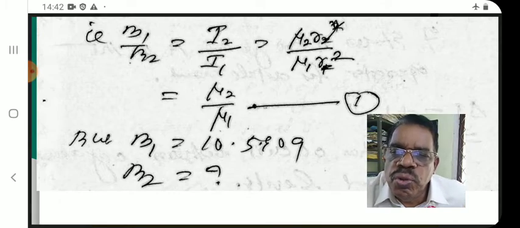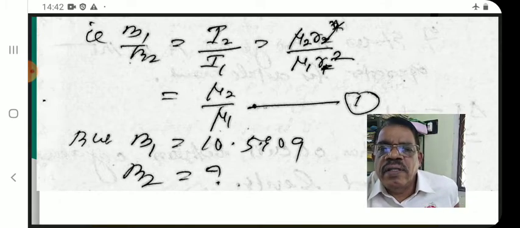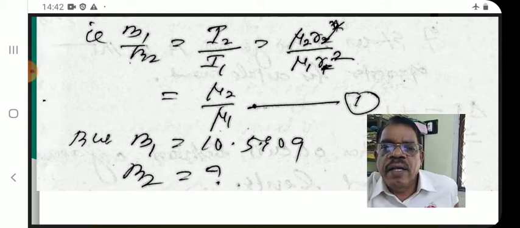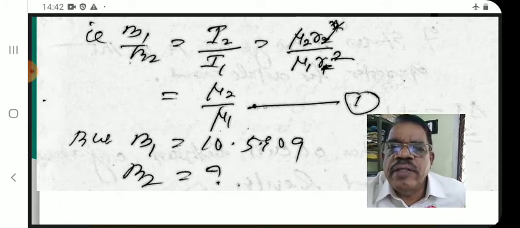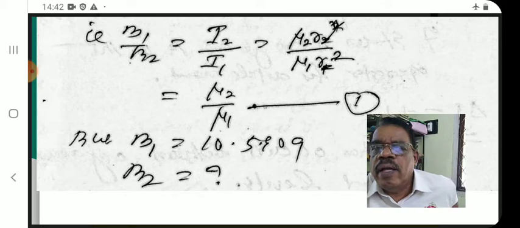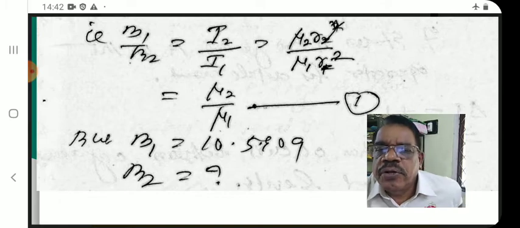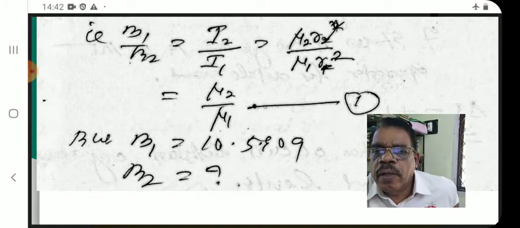So R square will cancel from numerator and denominator. We get mu2 by mu1. The rotational constant ratio B1 by B2 is mu2 by mu1, the reduced mass ratio in the reverse manner.